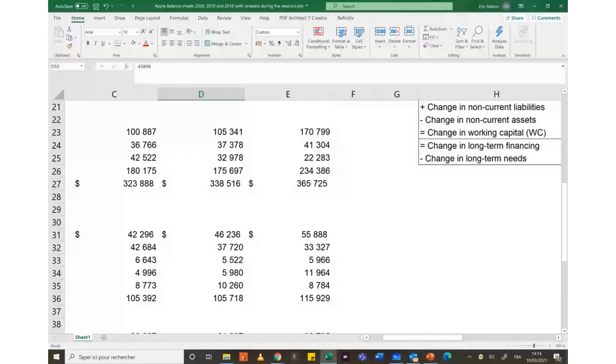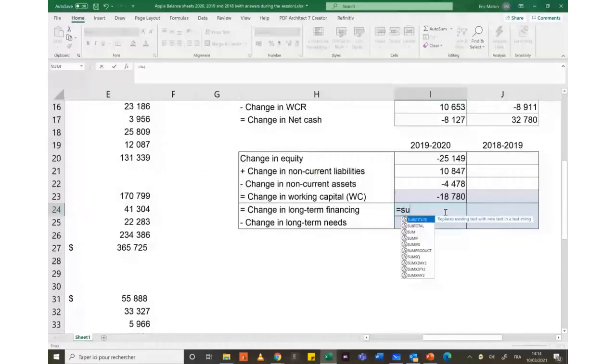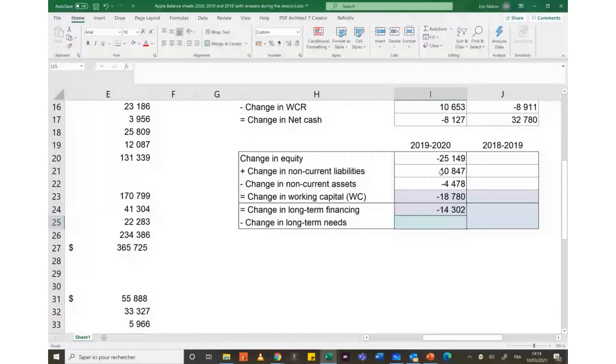So the change in long-term financing is equity and non-current liabilities. So we decrease the long-term financing. At the same time, we increase the long-term needs. So of course, we decrease the working capital.